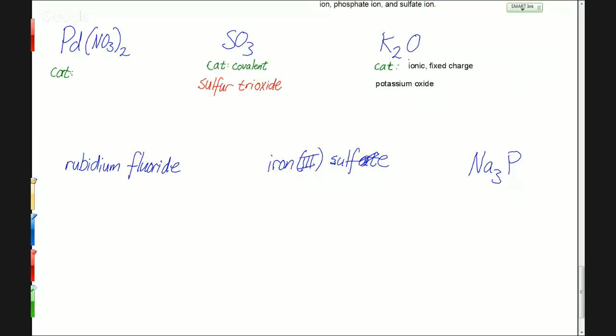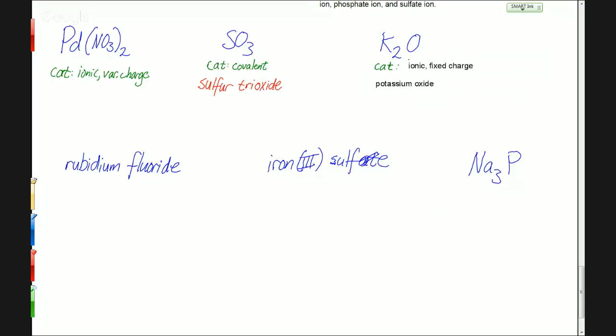So that's going to be a variable charge, meaning we don't know what the charge is. So we have to look at the other ion to figure out its charge. We also see this as a polyatomic ion because the anion is NO3. And which ion is that?